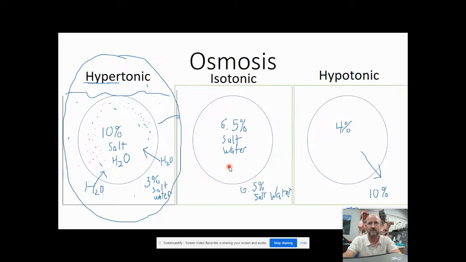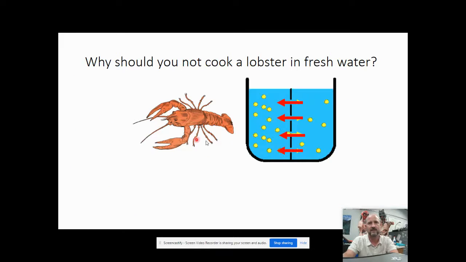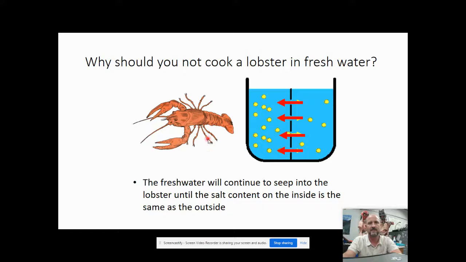And as we saw on my previous screen, when that happens, what happens to the size of the cell? It gets really, really big. Well, when the cell gets too big, it pops. And so I killed the lobster by popping all its cells. And so not really exploded, but the guts kind of exploded out of the lobster. In any case, that's why you should know science so you don't look like an idiot.